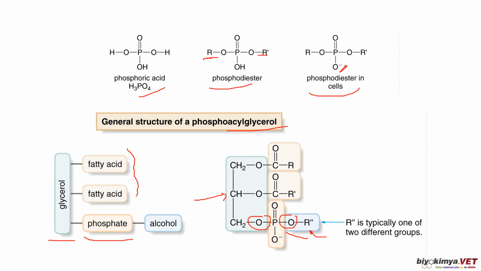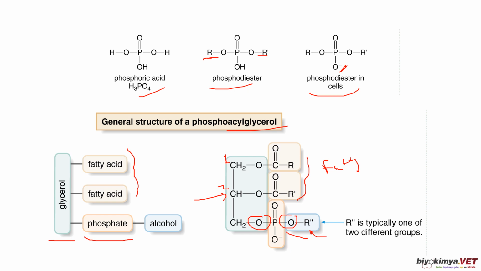And R is typically one of two different groups, either choline or ethanolamine, or also serine, occurring in all phosphoglycerides and also in sphingophospholipids. But the R's here, the groups attached to the first carbon and second carbon, the common ones are the fatty acids, but also we observe the derivatives of fatty acids.